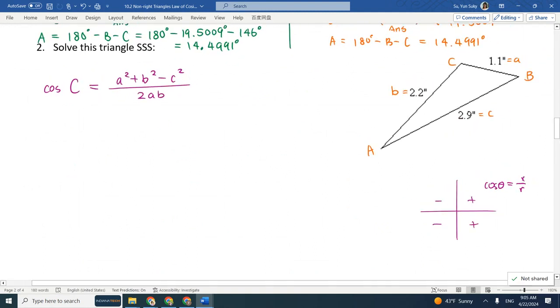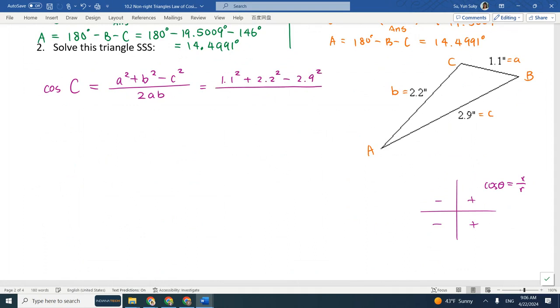Let's see, what is a? 1.1 squared. What is b? 2.2 squared. What is c? 2.9 squared. Over 2 times a, 1.1, times b, 2.2.